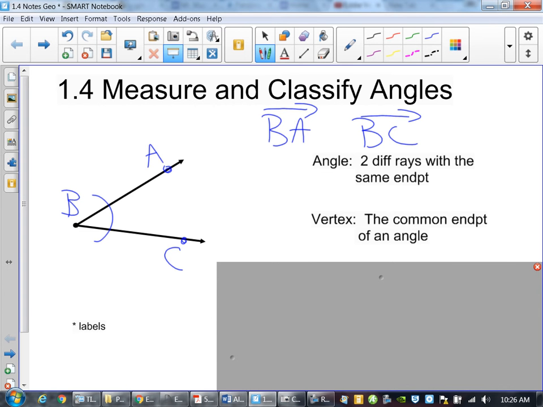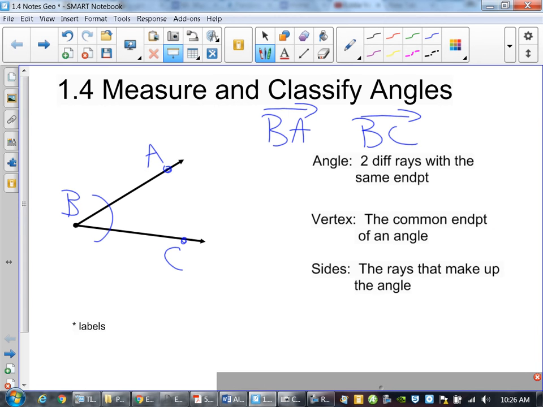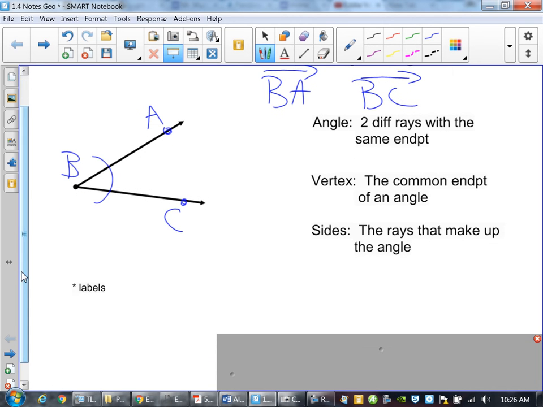And then obviously the sides of the angle are just the rays. We don't do a lot with the sides, but we deal a lot with the angles. When we label them, we use 3 letters, and the middle letter is always the vertex.